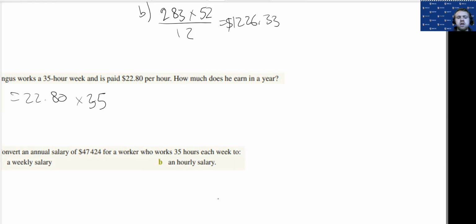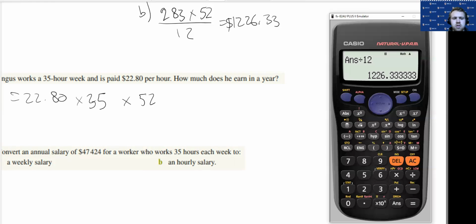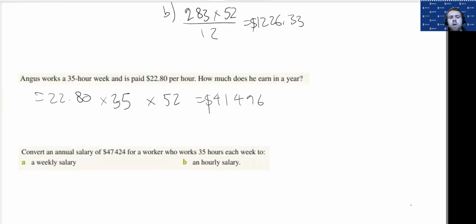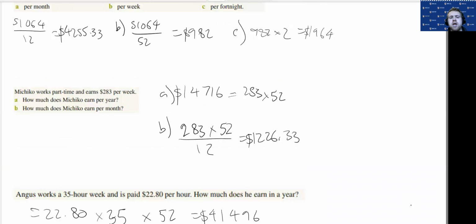And then the amount they earn in a year is going to be times 52. So we're going from hours to weeks to years. Times 35 times 52 gives us our yearly amount, $41,496. That's how we can convert a wage into a yearly amount and compare it to a salary.